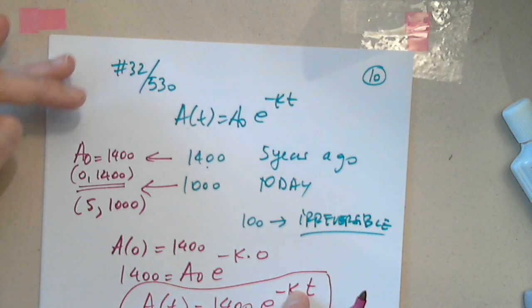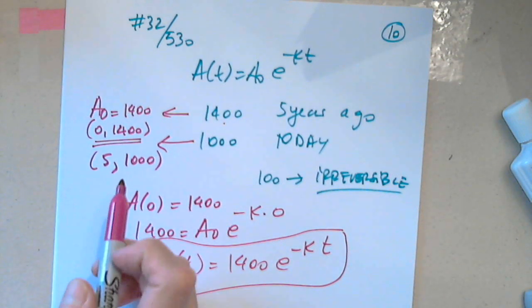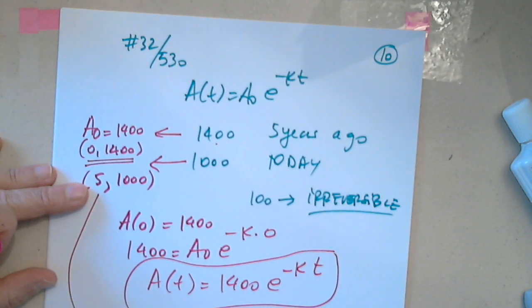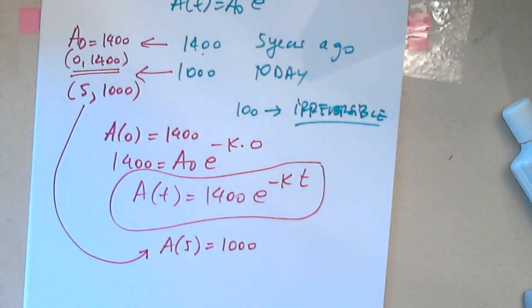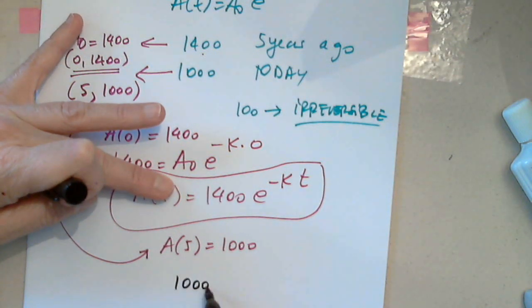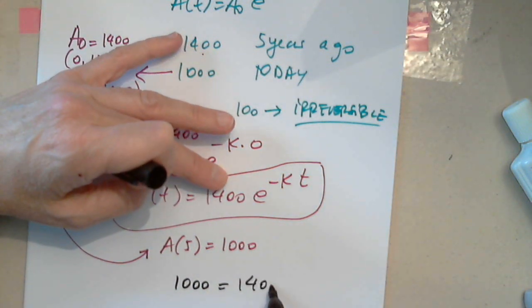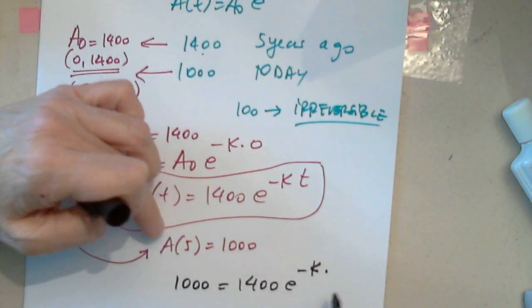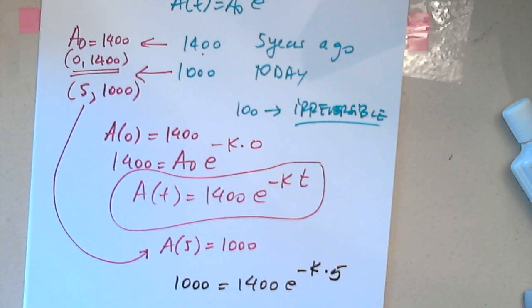I need to determine k, and that's where the second point comes into play. The second point says that A of 5 equals 1,000. Exactly what we did before. So I have 1,000 equals 1,400 e to negative k times 5. And again, when you see the pattern, everything is all the same.